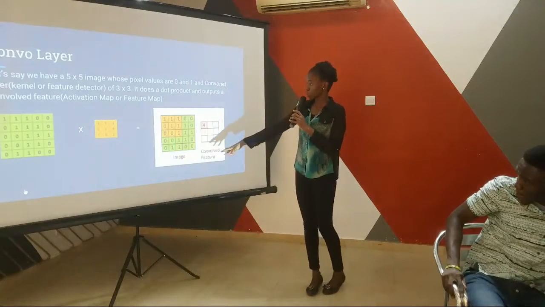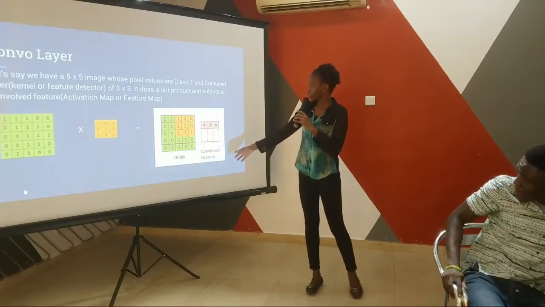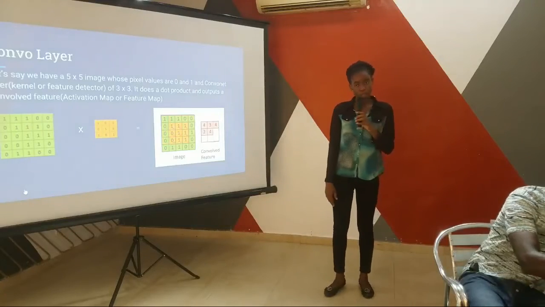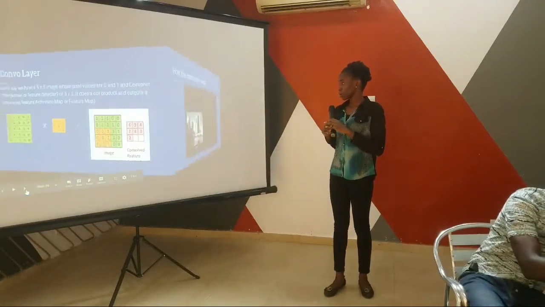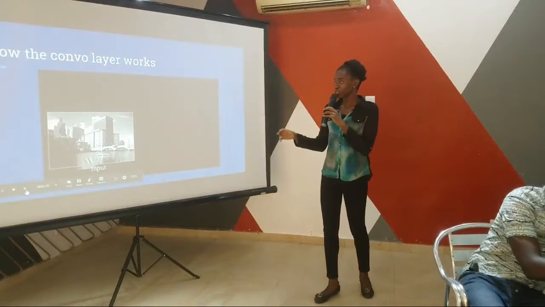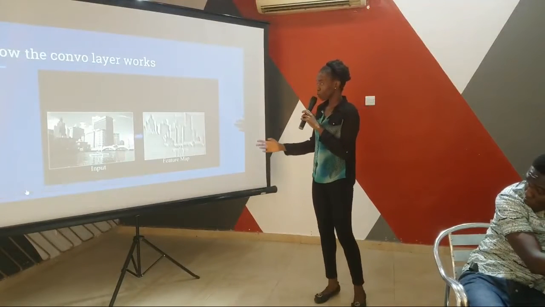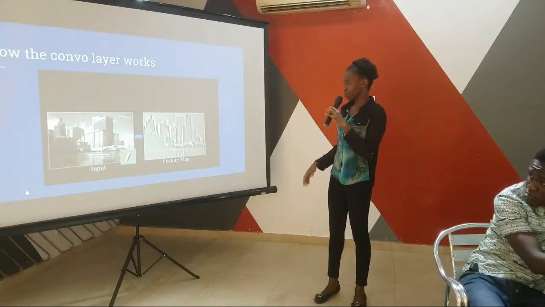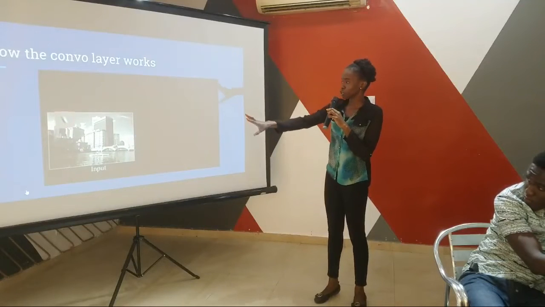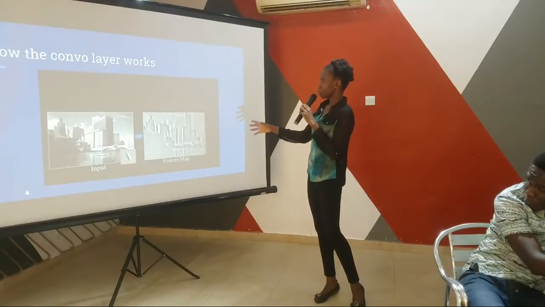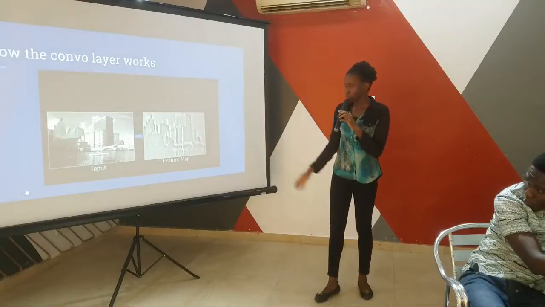So from the 5 by 5 it gives us a 3 by 3 convolved feature. This is just the visual part of what the convolutional neural network does. It goes round and brings out an output.